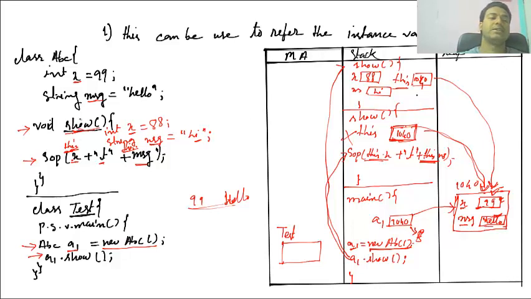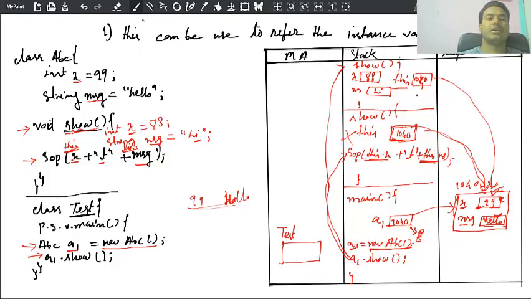Now if I don't write this here, say I'm not writing this here, then what happens?